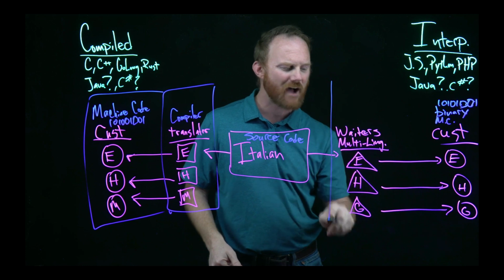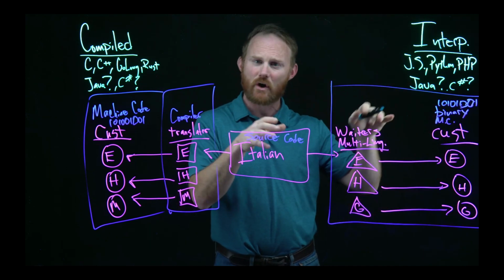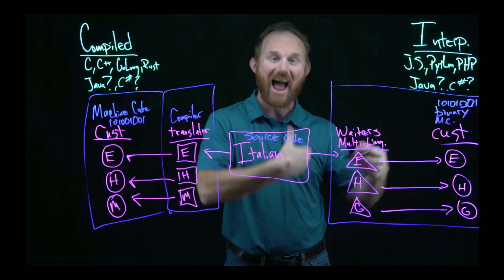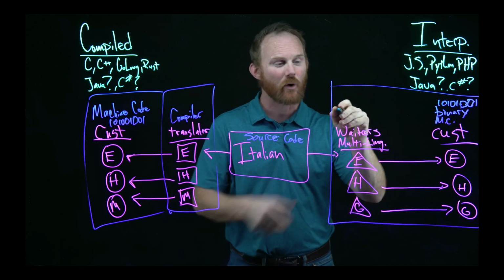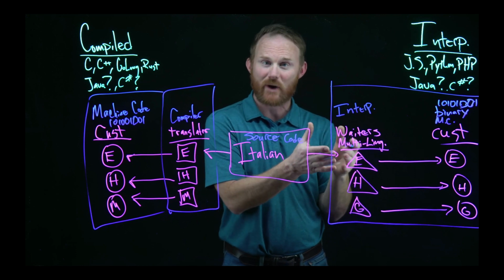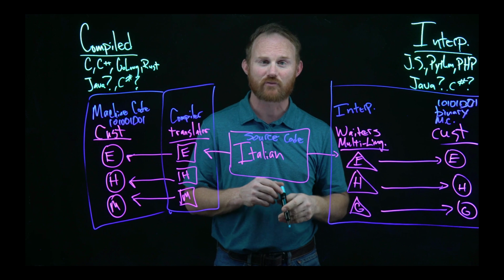Over here, we punt the machine code conversion process to when the application is run, at runtime, meaning the waiter is going to do it. Our interpreter is going to translate the code into binary when the application is run.